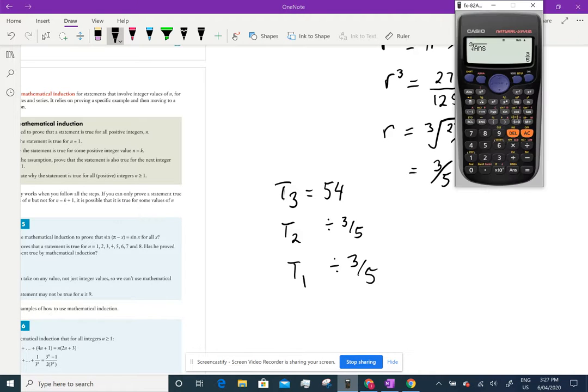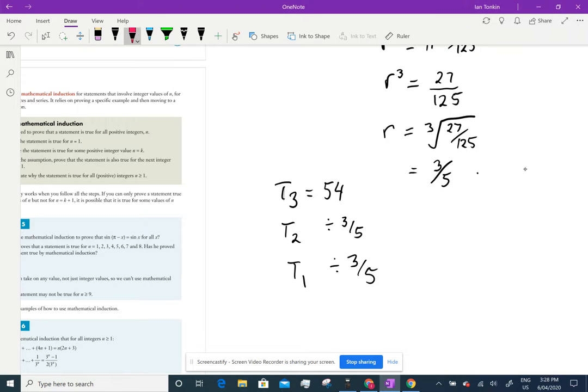So I just go, 54 divided by 3 on 5, and divide by 3 on 5 again. I could have done 3 on 5 squared. You get 150. So the first term, A, equals 150.